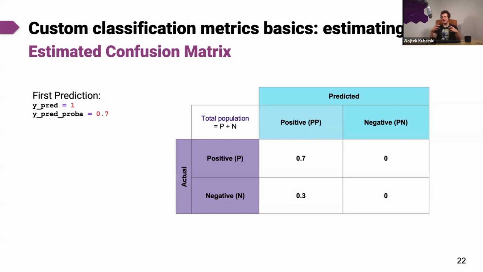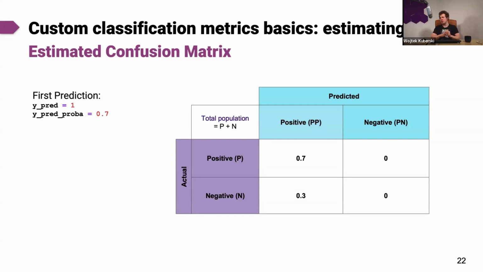If that's the case, then we can assign in expectation 0.7 to the true positive cell and 0.3 to the false positive cell. And if we get enough data points in a given chunk, then we can reasonably well trust our estimations.